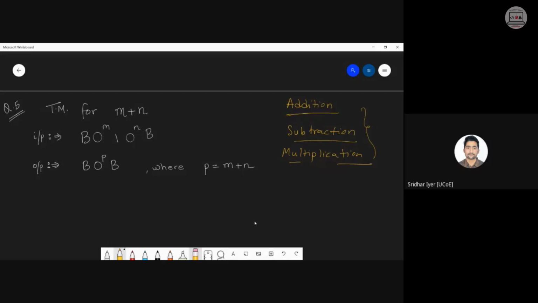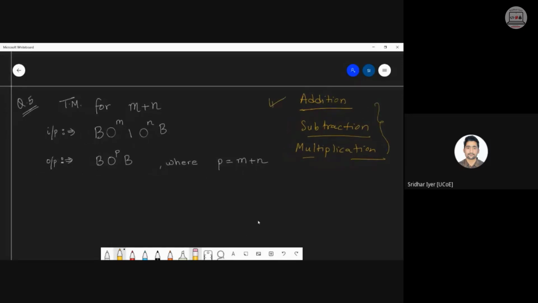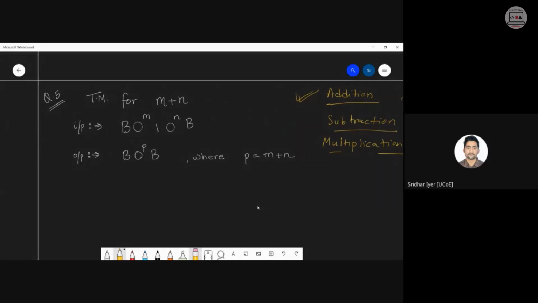So in this case, we are starting with the simplest sort of a calculator where we are adding two numbers, where the input is in the form of this, that is a blank symbol followed by 0 raised to m. For example, you want to add 4 plus 2, it would be somewhat like this: 0, 0, 0, 0, separated by a 1, and then n is 2, it would be like this.